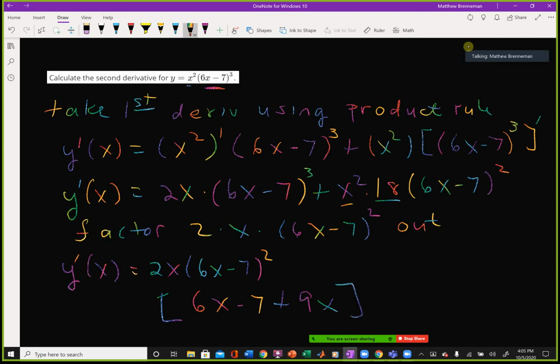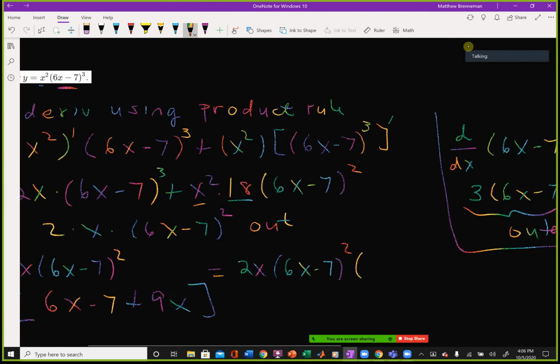And so when all the mathematical smoke clears, right, I'm going to get 2x times (6x minus 7) squared times the quantity 15x minus 7. Is that looking okay?